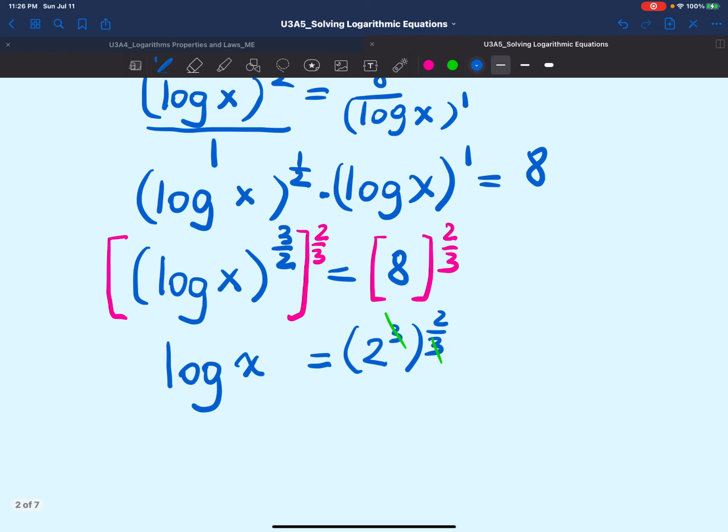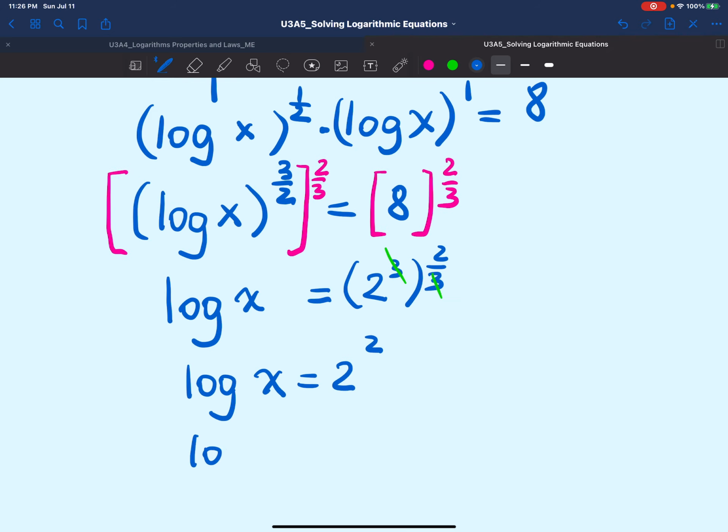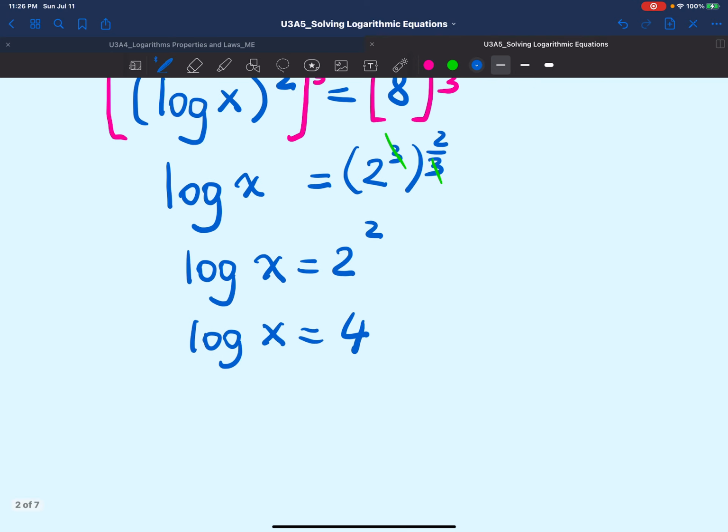So we have log of x equals 2 squared, or log of x equals 4. And now we know what to do. We have a base of 10 hiding in here. So x equals 10 to the power of 4.